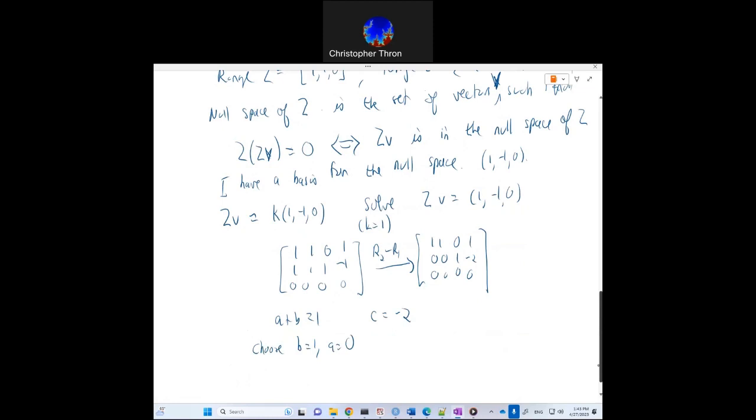Well, because the difference between any two solutions is going to be a homogeneous solution, and I already have the homogeneous solution. I know the homogeneous solution is 1, minus 1, 0. So my vector is 0, 1, minus 2. And this is a vector in the null space of z squared.